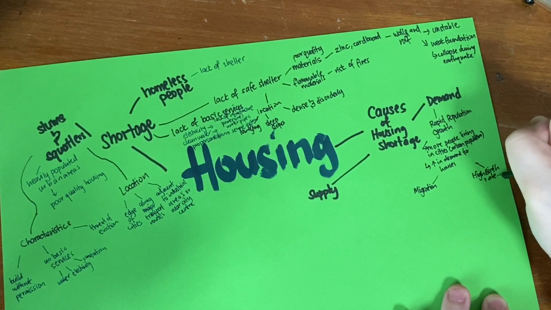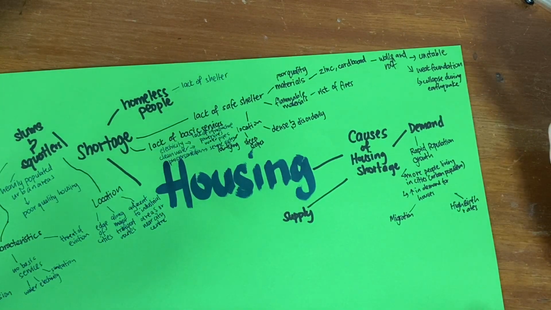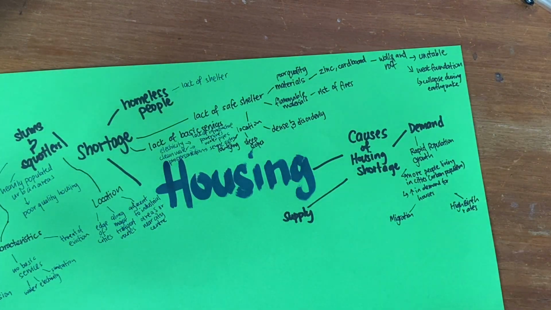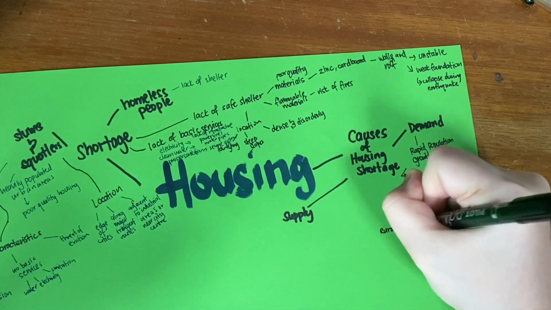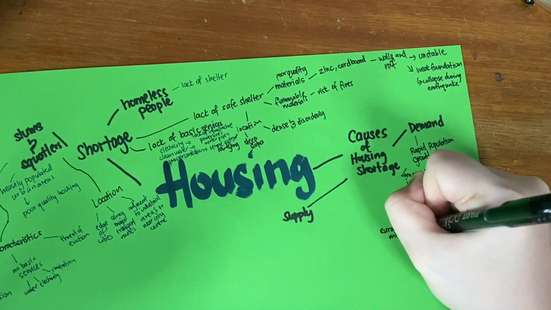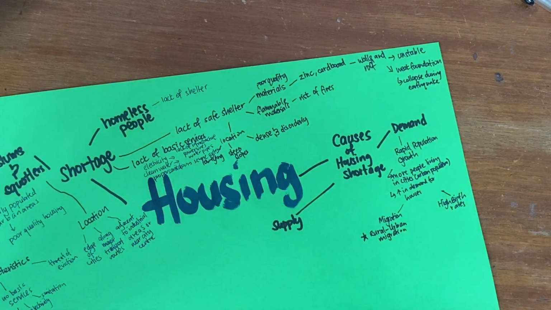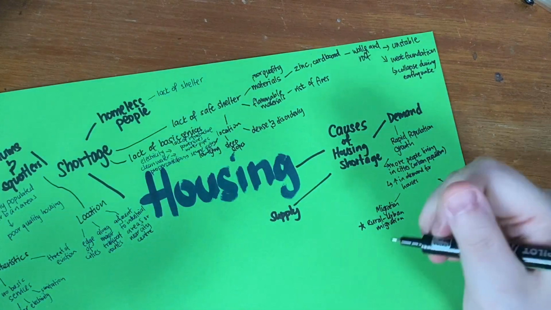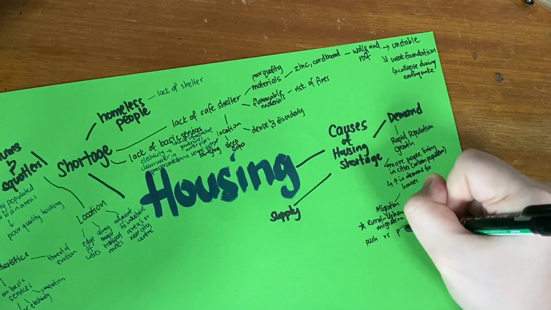These are all a result of rapid population growth. When we are talking about migration, we are focusing more on rural to urban migration. Rural to urban migration happens due to push versus pull factors.